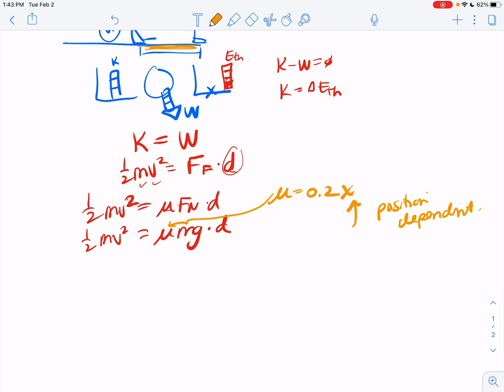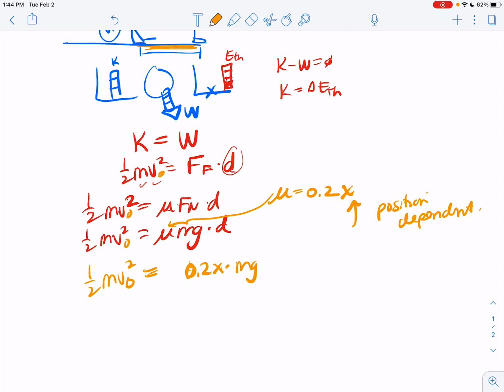So what we have to do is 1/2 mv squared, that's the v initial, because that was the initial kinetic energy, equals 0.2x mg.